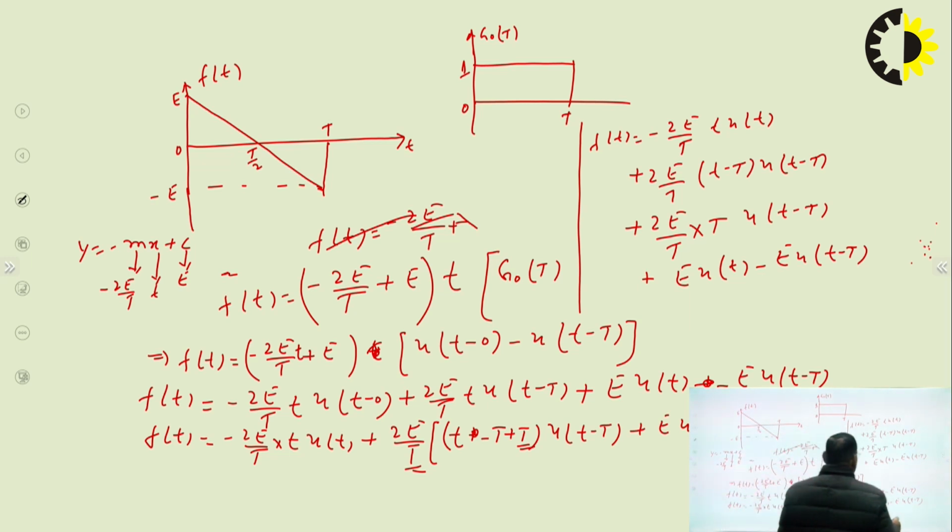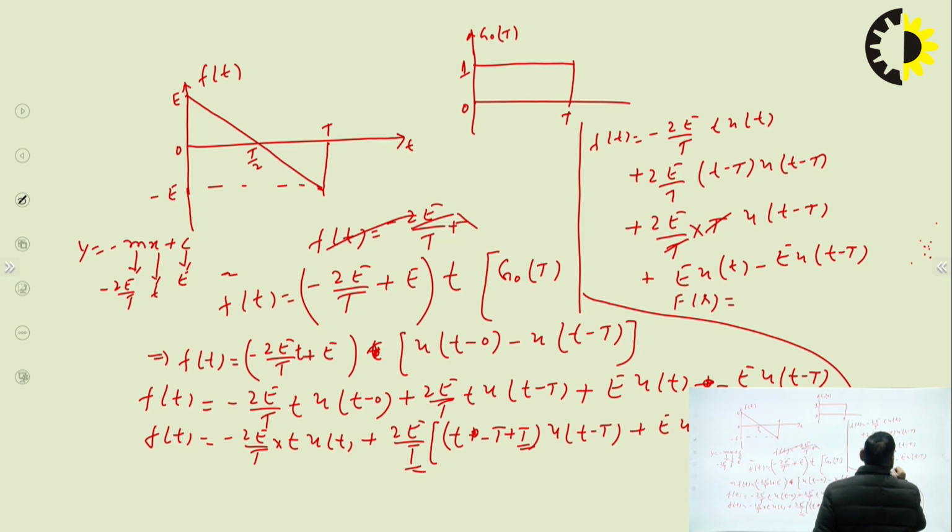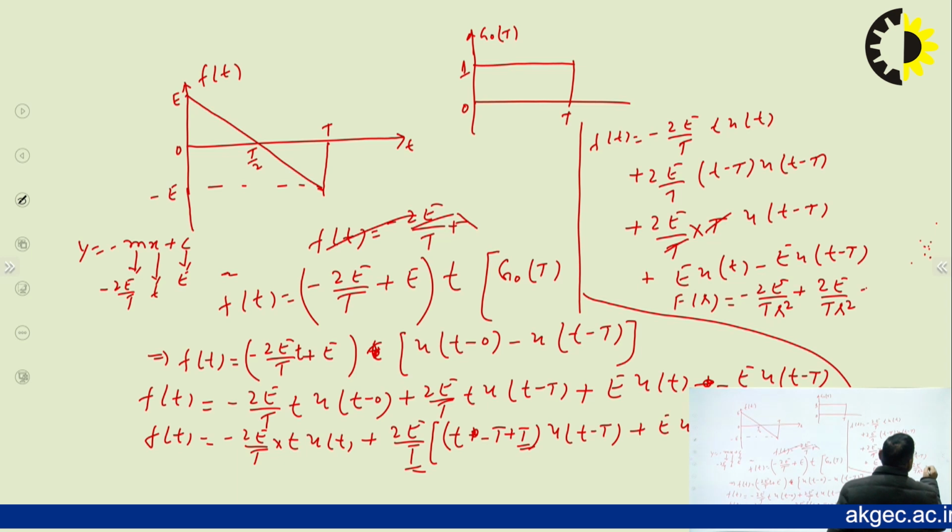So we can write the Laplace transform of this. So the Laplace transform of Ft is, so this T cancels out. So Fs is equal to minus 2E upon Ts square, plus 2E by Ts square e to the power minus Ts, using the time shifting property of the Laplace transform.